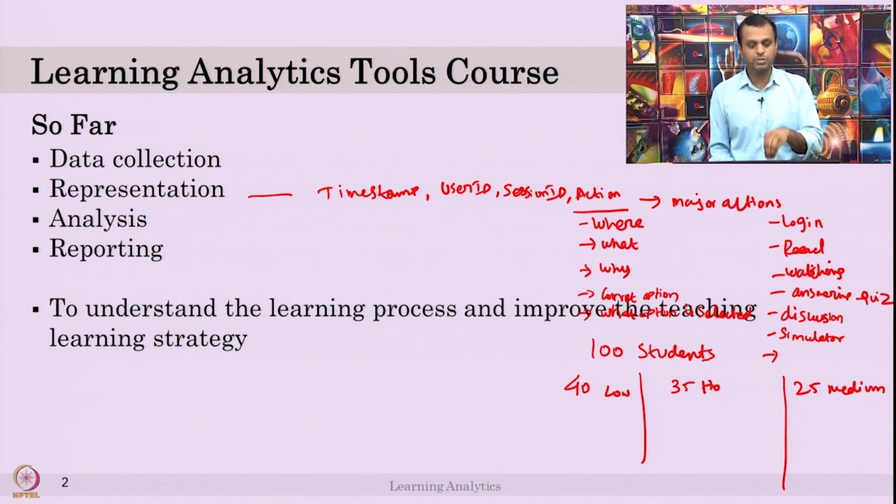The primary goal is to improve students' learning. It is not about creating a model so you are able to predict student performance. No, it is about how to use that knowledge to improve your teaching-learning strategies so that students learn better. Okay.